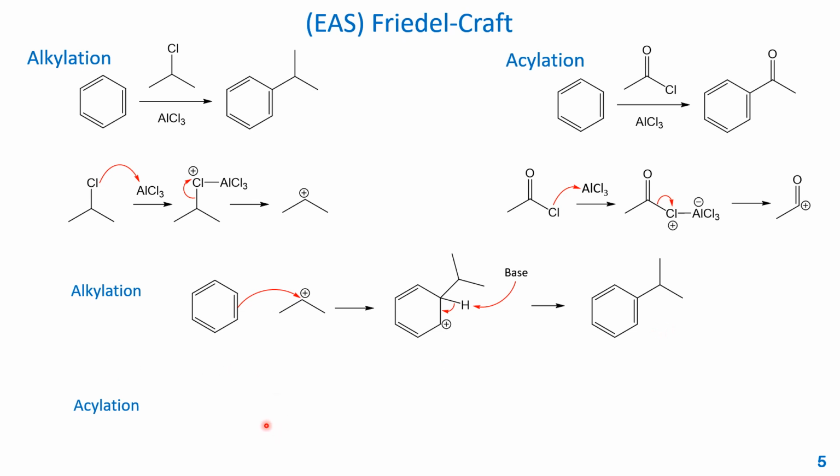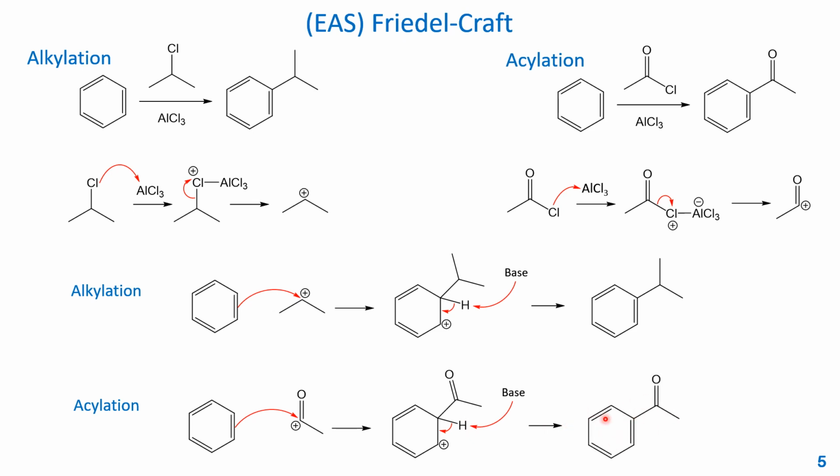For the acylation mechanism, after generating this electrophile, benzene will react with the acylium ion, and the intermediate is similar, another carbocation, a base deprotonates the proton again, and then forms this phenyl ketone. So they are all Friedel-Crafts, but the products are different. Alkylation will form alkyl benzene, and acylation will form a phenyl ketone.